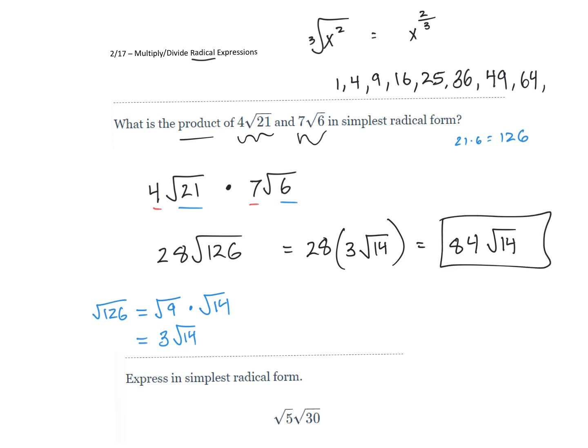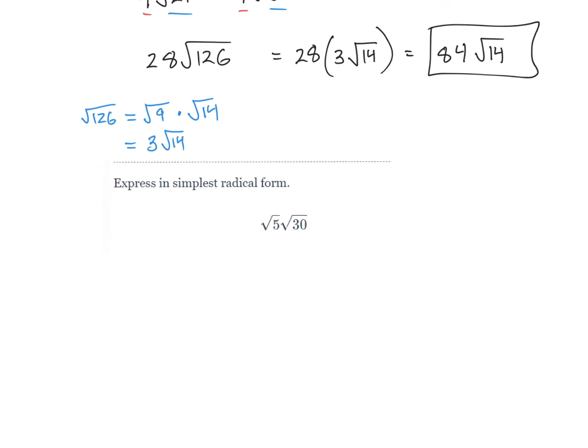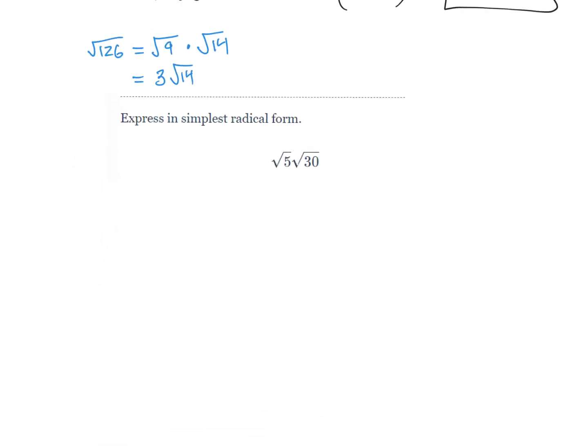So that's how we multiply, and it just calls on some simplifying radical tools. All right, moving on. Expressed in the simplest radical form. So another multiply. You see, there are 2 radicals, and you're just multiplying the 2. So these 5 and 30 can multiply because they're both radicals. And what is 30 times 5? It's 150.